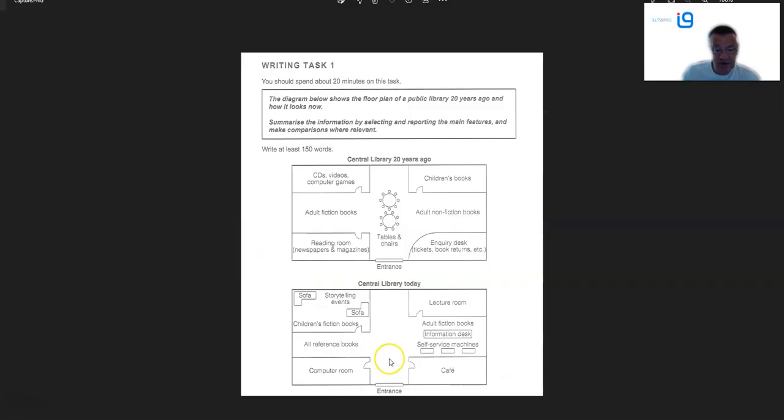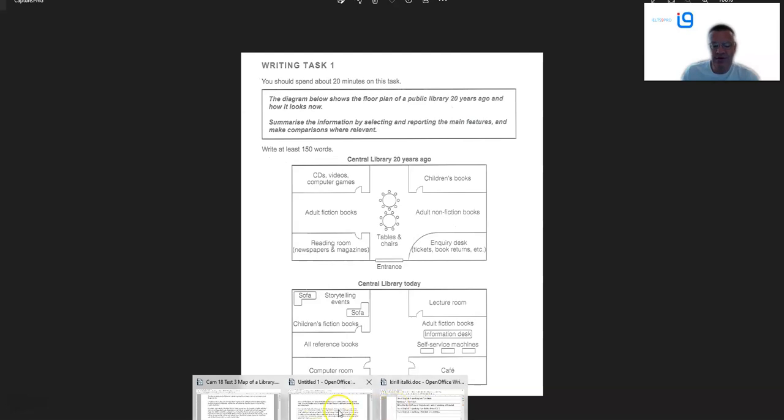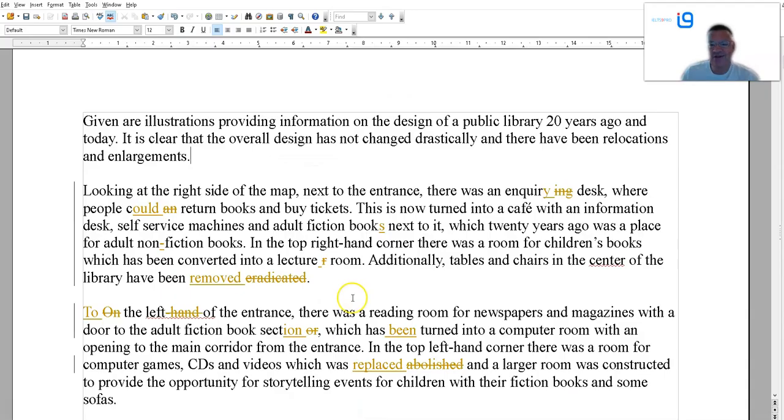I mean, look at it. I think the function and use of every single room has changed. So saying there's not a lot of change here, that's not strictly true, is it? There have been relocations and enlargements. So that, as an overview, doesn't really work.